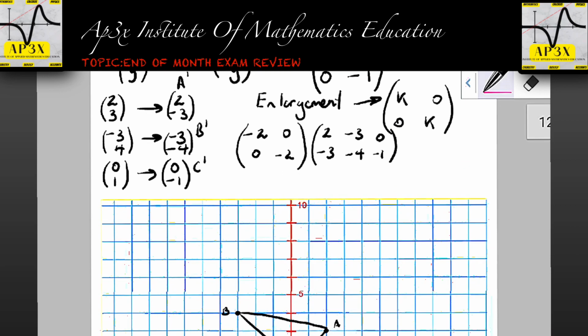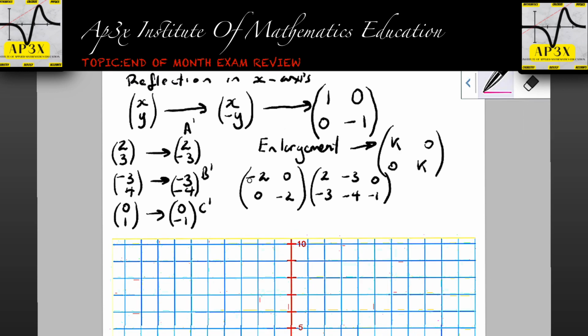And so basically what we're doing is doubling the points. Of course, the correct way is to say row by column, row by column, row by column. But it's really doubling the value. So -2 multiplied by 2 is -4. -2 down here multiplied by -3 is +6.